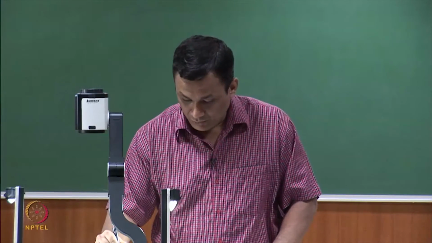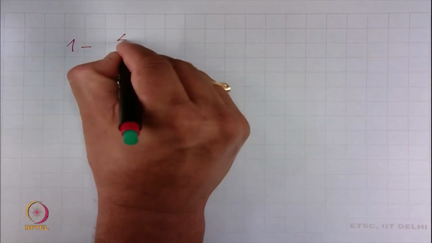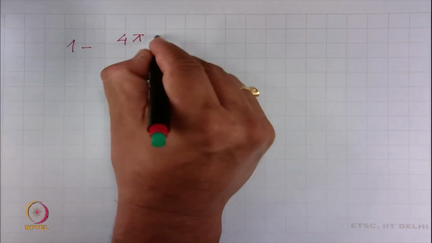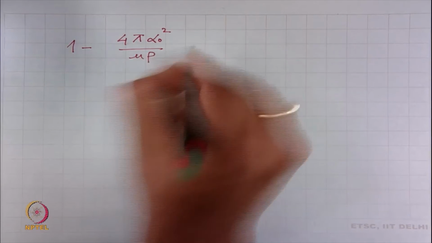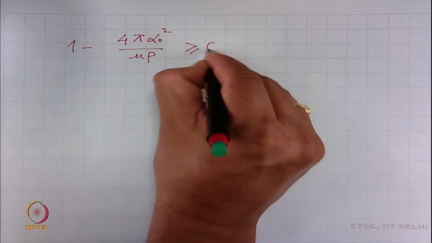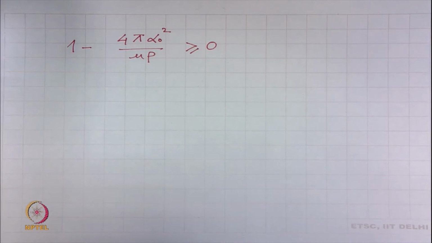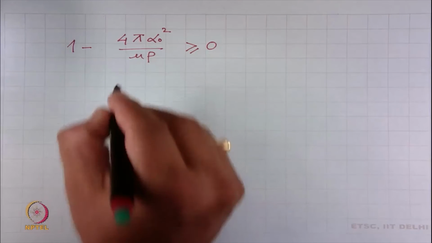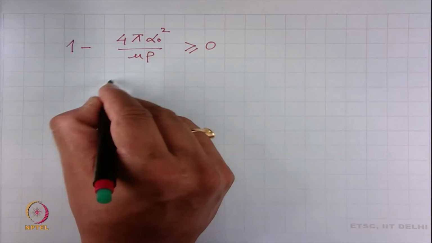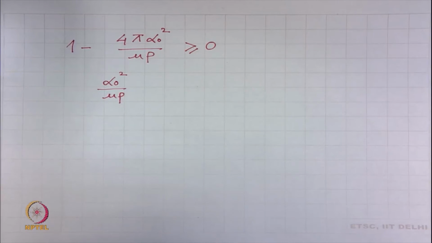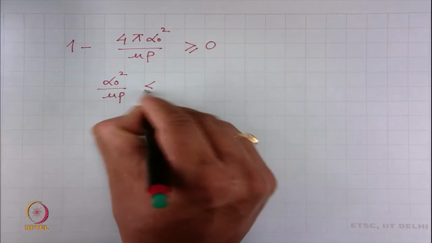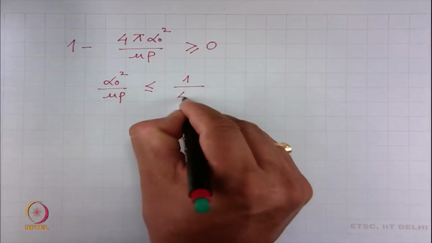In that case 1 minus 4 pi square this must be greater than or equal to 0, right. So, this must be less than or equal to 1 by 4 pi.